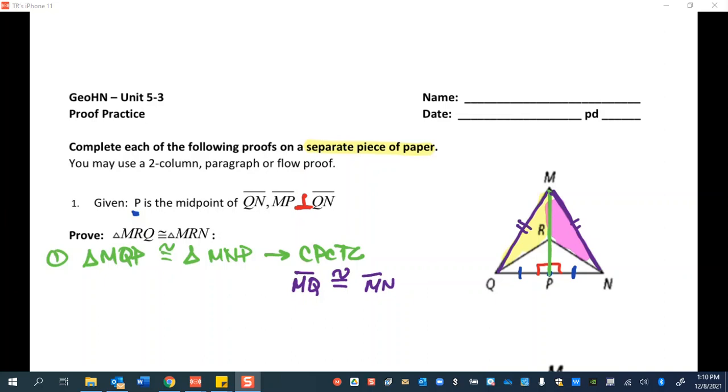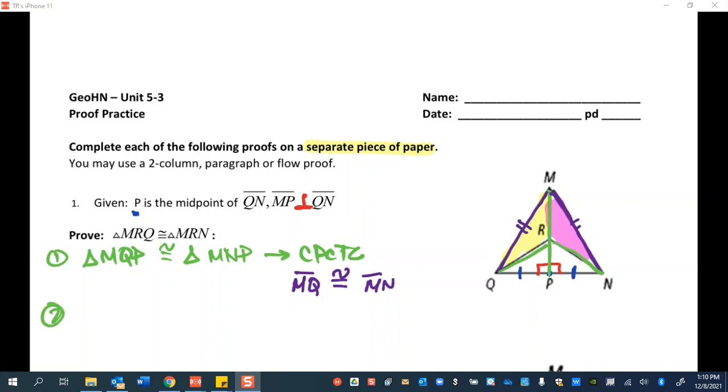Any other things I can pinch from CPCTC? Yeah, so check it out. I can grab this hypotenuse, but before I can grab this one, I have to talk about these little triangles being congruent.